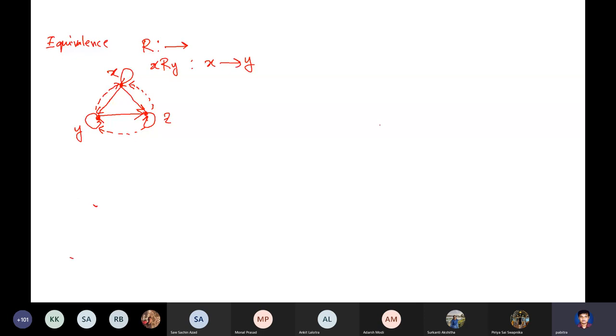Now suppose I replace the symmetric property; the other two properties are there. That means self loops are there. This is related to this, is related to this, so transitivity is there. But the symmetric arrow is not there, so I have antisymmetry.